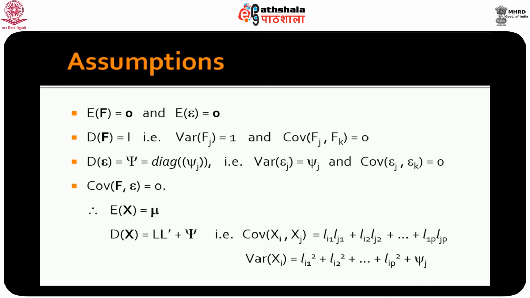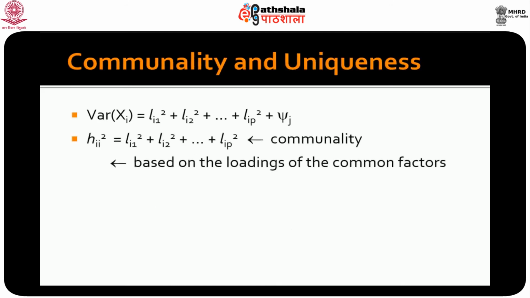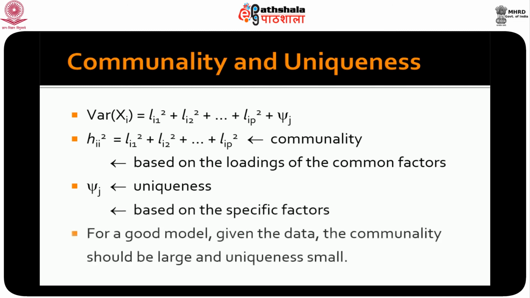What about the variance? The variance will come out to be equal to Li1 square plus ... plus Lip square plus psi i. It is basically the square of the elements in the ith row summed up, and with it the psi i factor would also come in. Now, we can see that the variance of xi is broken up into two components.